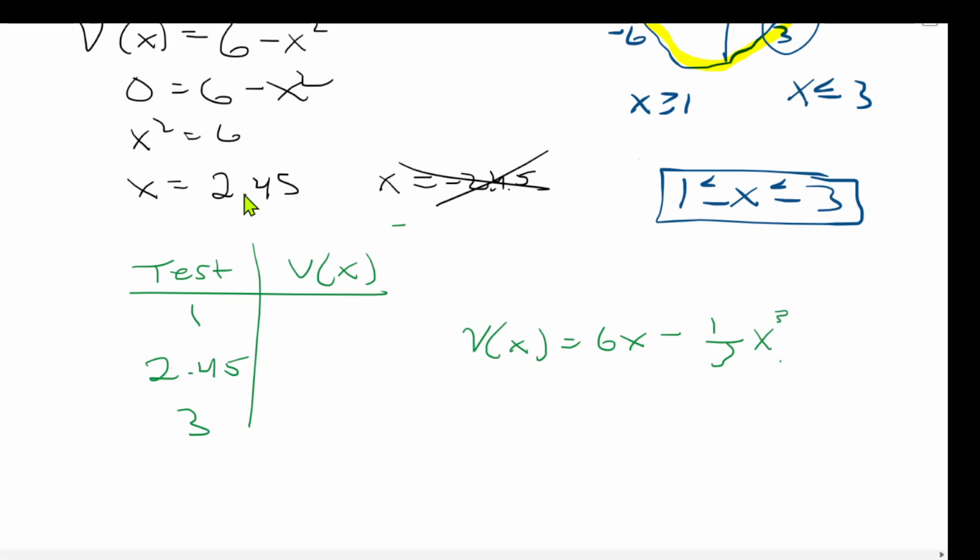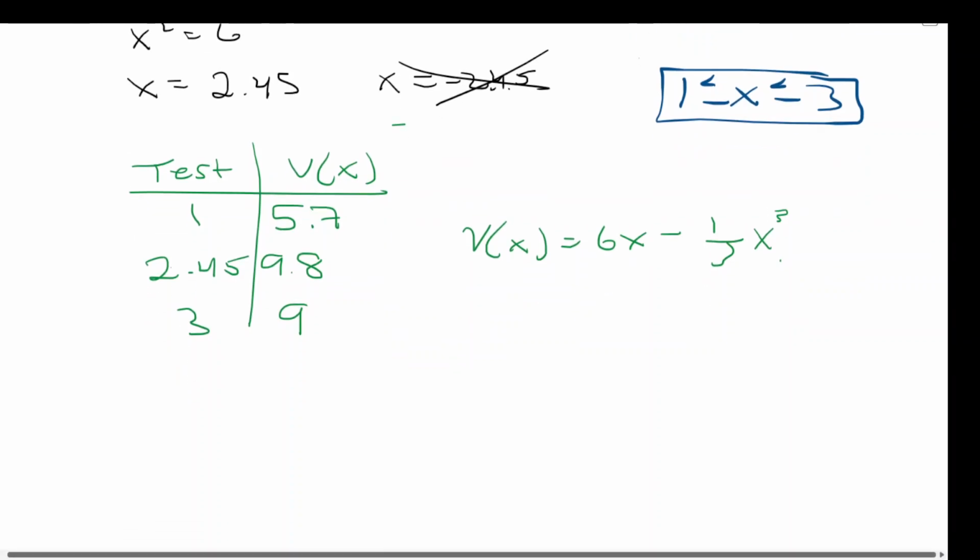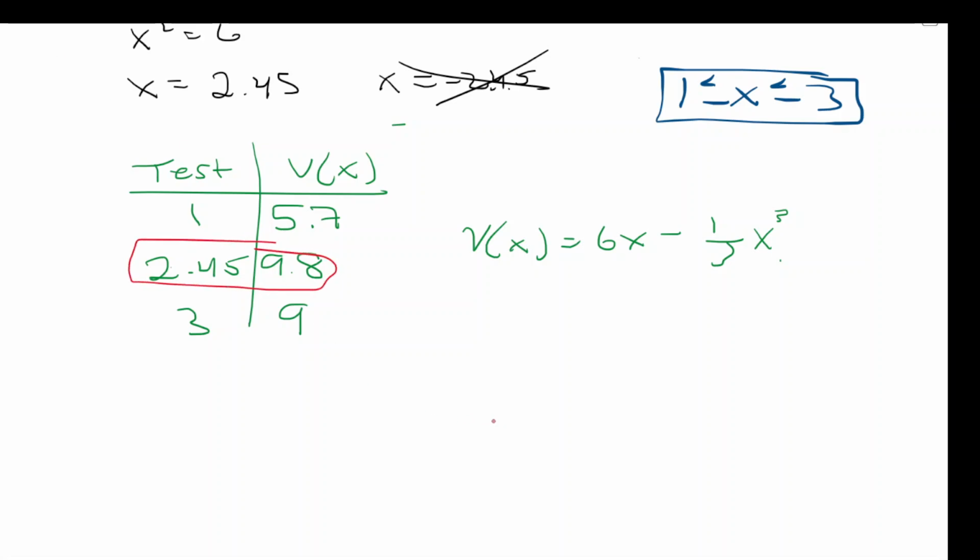So hang on, let me test those. Okay, so I paused the video because you don't need to watch a video of me calculating things. So I can see that the maximum volume is 9.8 right here. It occurs when x is 2.45.